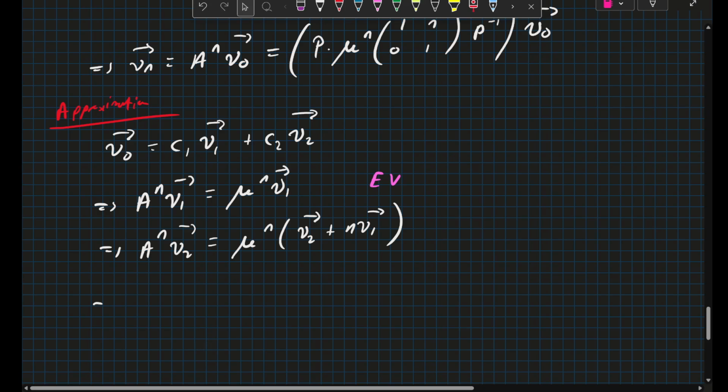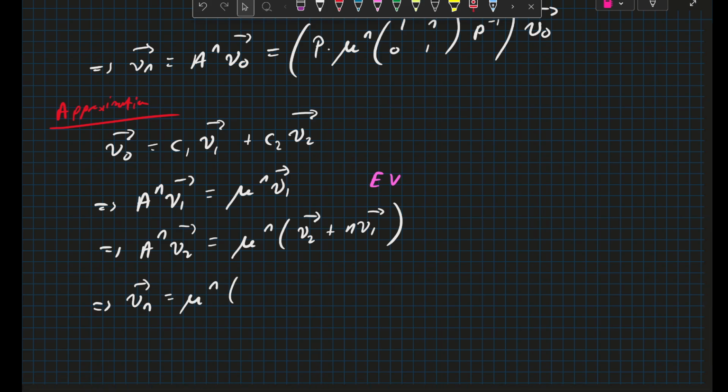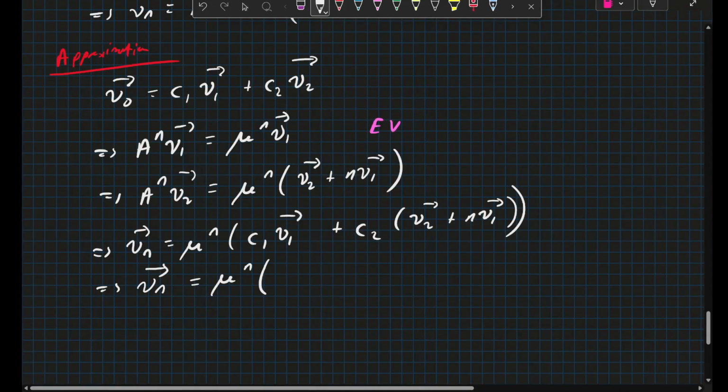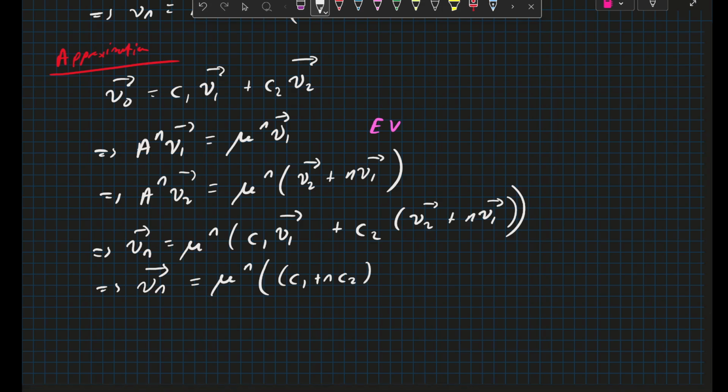So through that, we get Vn equals mu to the n times C1 V1 plus C2 times V2 plus n amounts of V1. If we regroup this, we get Vn equals mu to the n times C1 plus nC2 times V1 plus C2 V2.